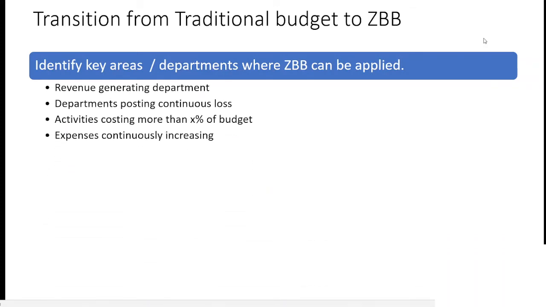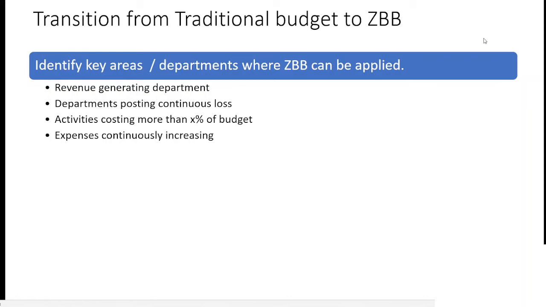We look at revenue generating departments, customer service departments, and departments posting continuous losses. These are some of the criteria you can consider. For that, we need to know which departments are having losses on a continuous basis, and which activities are costing, let's say, 2% or 5% of our total budget.